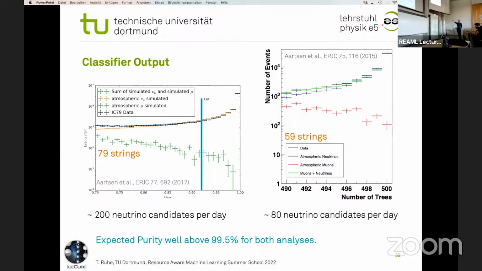For 59 strings, I chose the cut to be at 0.1, and there's also sort of a historical development that you can see here. So these are plots from the original paper, and when we published this with IceCube 59, no one trusted us that the reader would understand what the classification score would be for some reason.